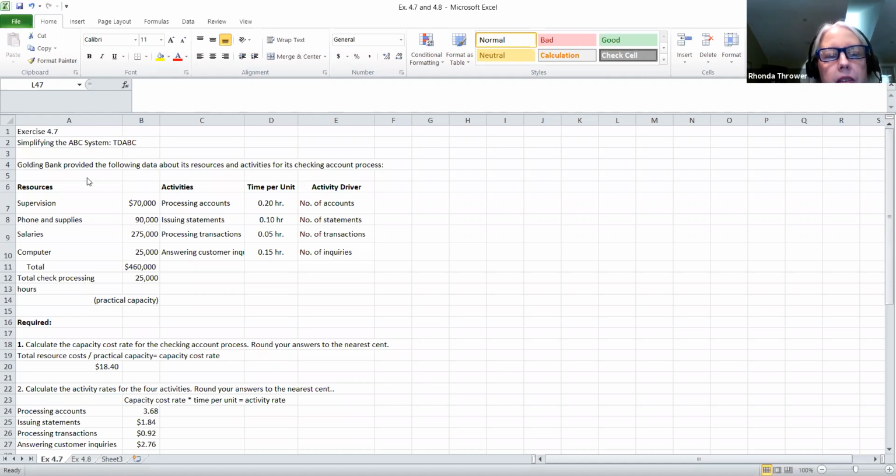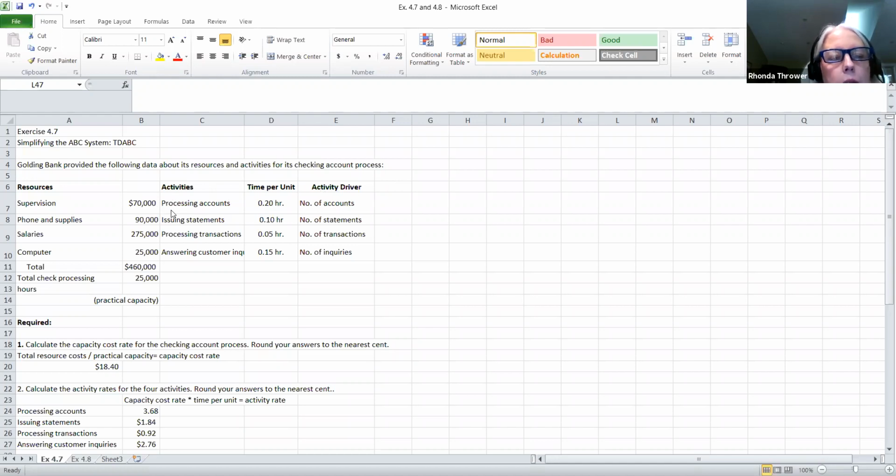So what they've given us in this exercise is that we're going to be a bank and we're providing the following data about its resources and activities for the checking account process. What we found when we studied the checking account process for the bank is that we have some activities.